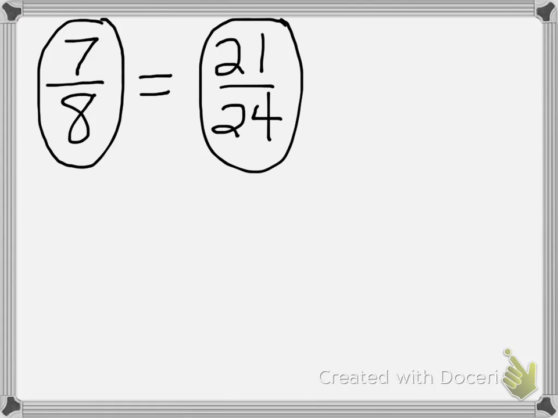And these are equivalent because I can show that if I take the first one and multiply it by 3 over 3, which is the same as multiplying by 1, then I do get 21 over 24.